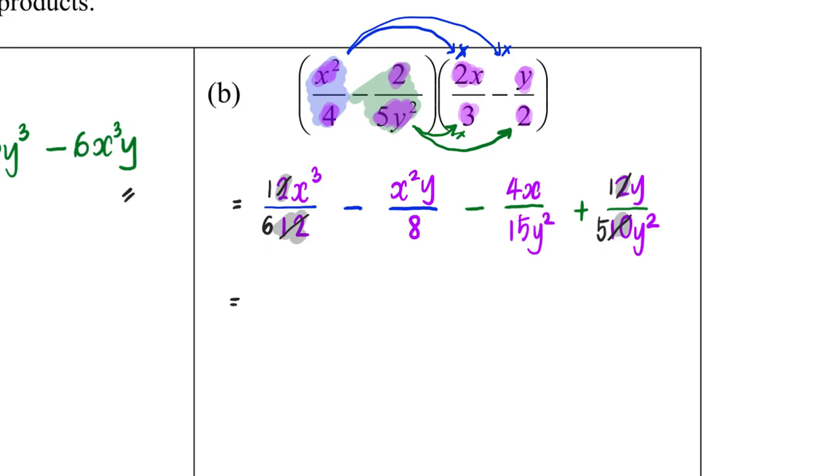First of all, I'm going to draw a long line because I'm going to make them into a single fraction. I will need a common denominator. Okay, and looking at the numbers 6, 8, 15, and 5, the LCM of 6, 8, 15, 5 would be 120.